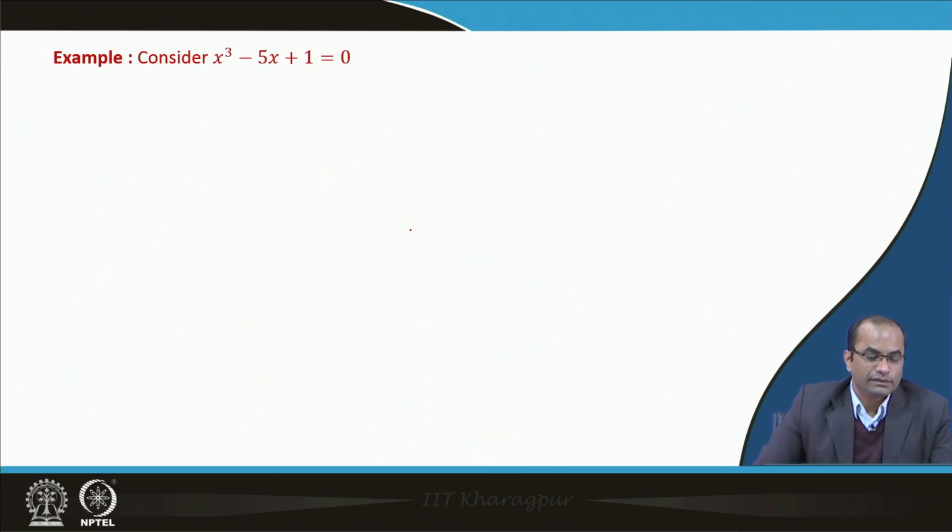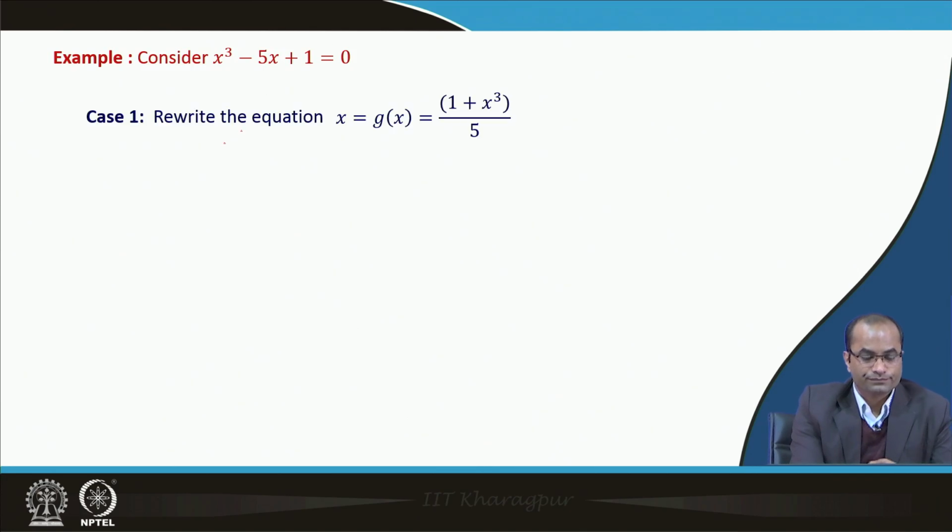the fixed point iteration method. We will go with the example x cubed minus 5x plus 1, the same example which we considered earlier, and let us compute the root, which was 0.20 and so on. We rewrite the equation now. There are several ways of rewriting.